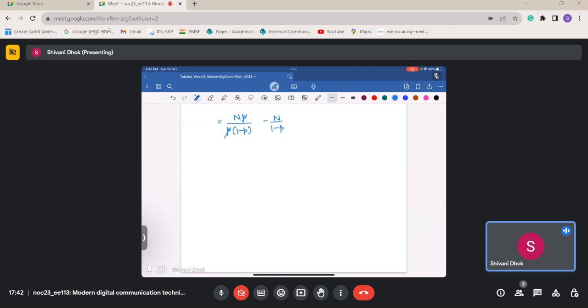So it is N upon 1 minus P minus N upon 1 minus P. So this comes out to be equal to 0, which means that the regularity condition is satisfied. So this condition is satisfied, so this is fine.